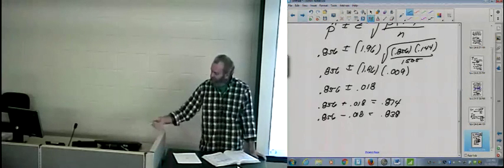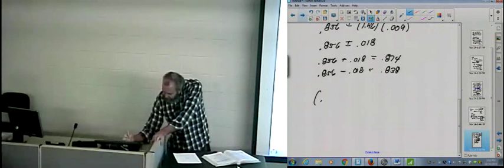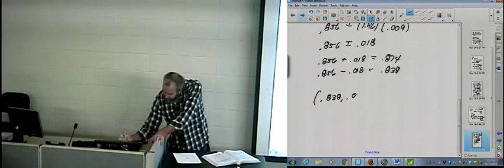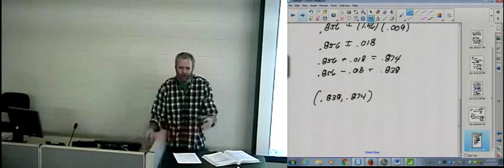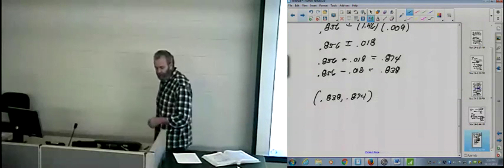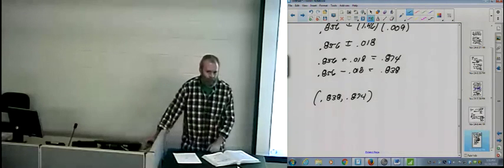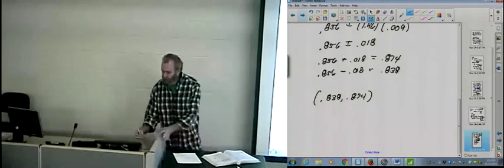Now, at this point, that's your confidence interval. I'm going to write it for you like this. That's 0.838, comma, 0.874. Remember, you're giving me an interval on the number line. It's always the smallest first. Now, you do realize that nobody wants to read your proportions, right?